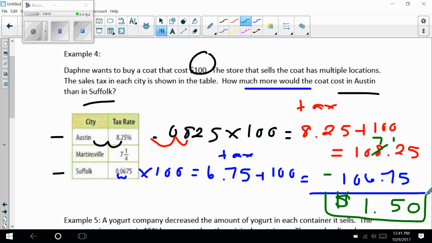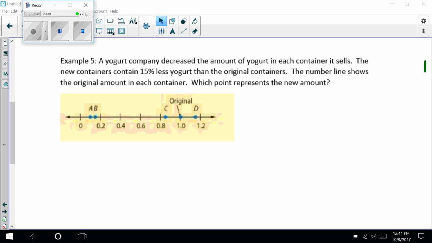Okay, so now let's look at our last example, number 5. It says a yogurt company decreased the amount of yogurt in each container it sells, so their container is not going to hold as much. The new container contains 15% less yogurt than the original container. The number line shows the original amount in each container.